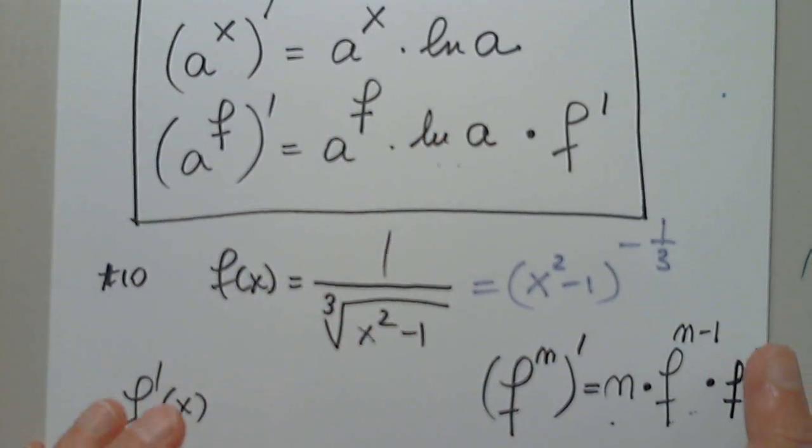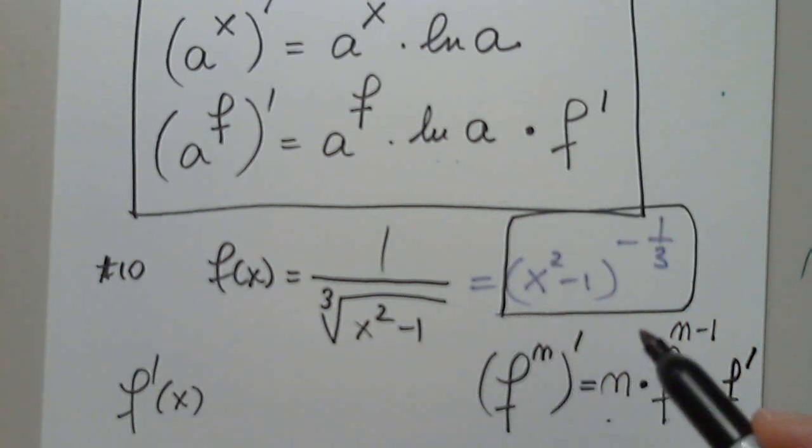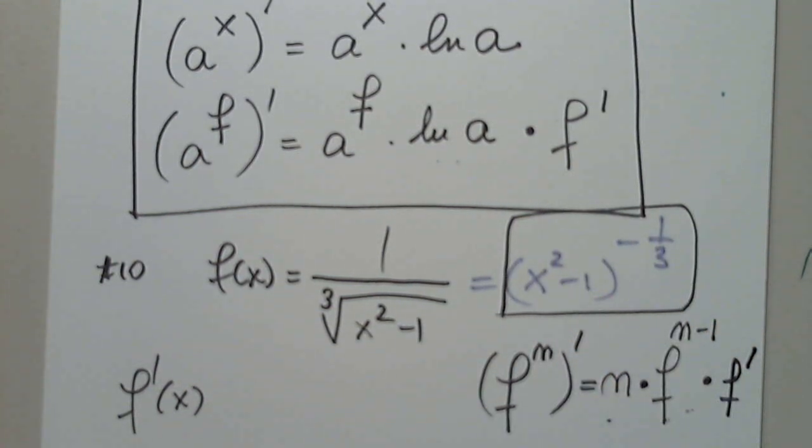Good. So now, can anyone apply this rule to this function step by step and tell us what to write? It's okay if you're wrong. Anyone, please give it a try. Yes, negative 1/3 in front.